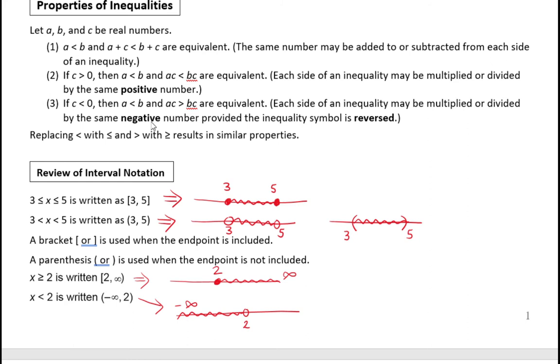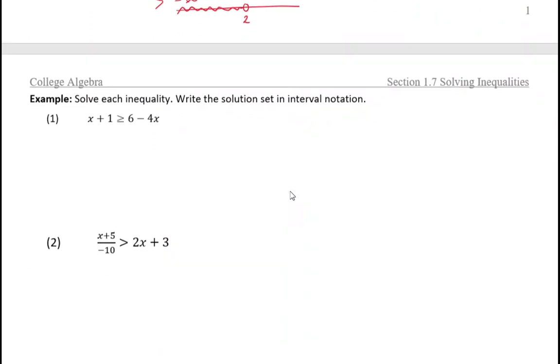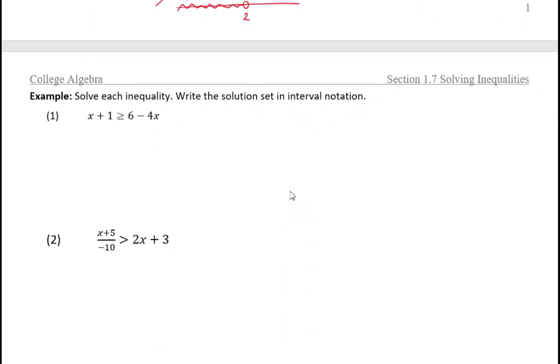Now let's continue with some examples, like these two problems. The first one is really simple. You try to collect the variables on one side and the constants on the other side. I can add 4x to both sides and subtract 1 from both sides at the same time, so these two cancel and these two cancel.